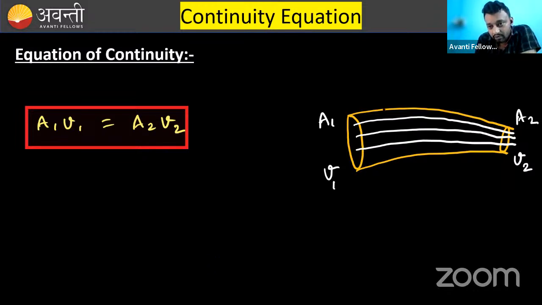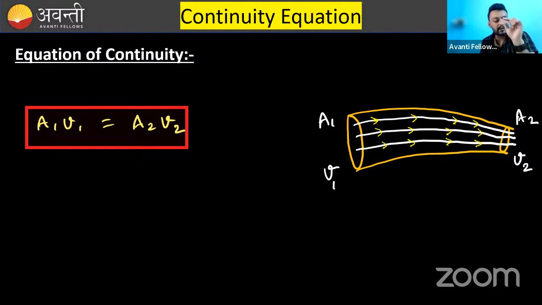Now, let's suppose this is a tube in which water is flowing in a streamline flow. I will try to explain. Listen to me very carefully. What is the basic purpose of streamline flow? In streamline flow, the water which is flowing does not get intermixed. The particles which are passing through one point always follow the same path.